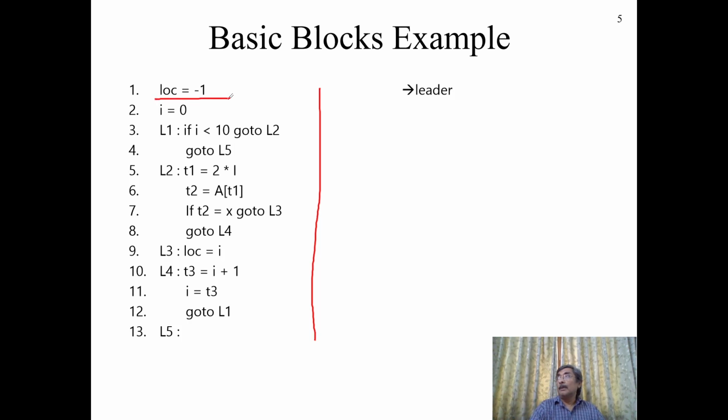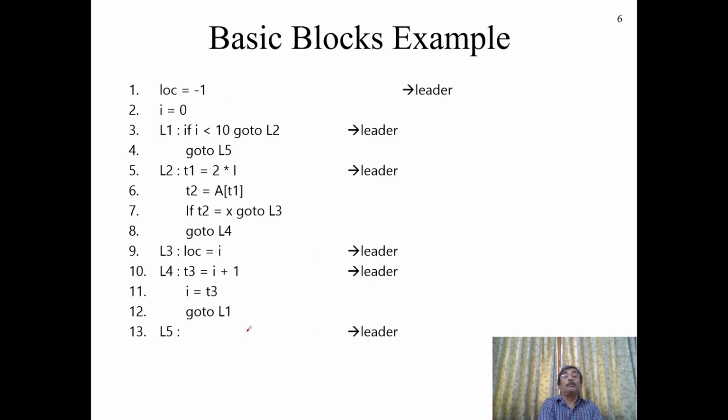Then go to L2. So L2 has to be a leader. Go to L3. L3 has to be a leader. Go to L4. L4 has to be a leader. Go to L1. L1 has to be a leader. So let us look at those leaders now. See, L2 is a leader. L3 is a leader.